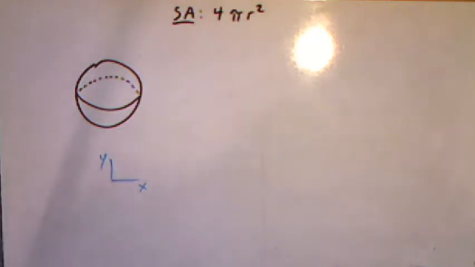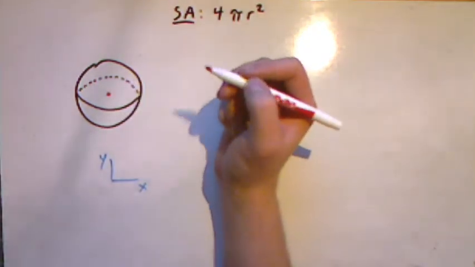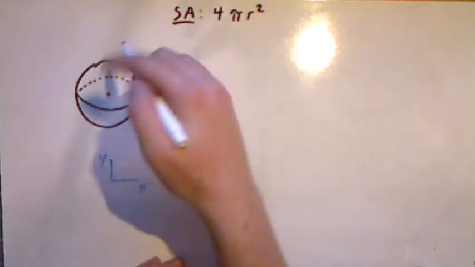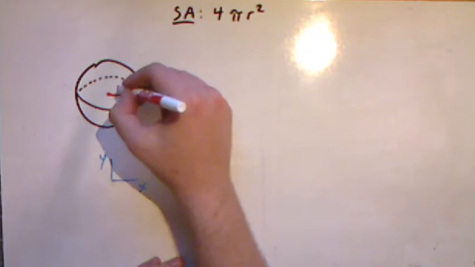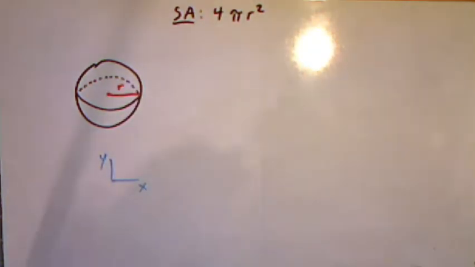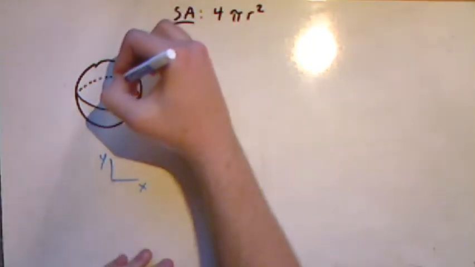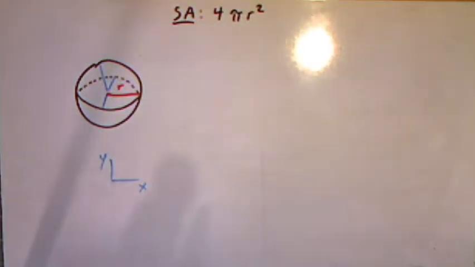In this case, there's only one real dimension within a sphere. And so that's, if we can imagine the very center of all of its surface going out to anywhere else on the actual surface of it, that is its radius. So if we could imagine some line going from the very center of our sphere to the outside at any other point, regardless of where it is, that is our radius and will always stay the same size no matter what.